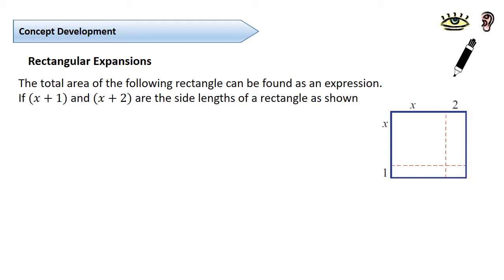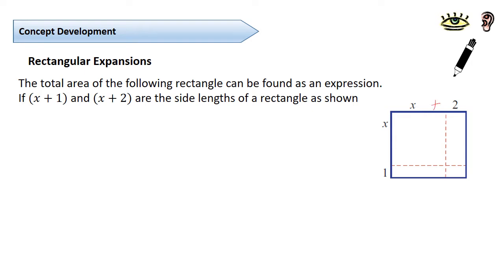Great, so let's have a look at an example of what that means exactly. Now, one really nice way to have a look at the binomial expansion is to investigate the area of a rectangle. We have a rectangle over here, and we can see that the length is this little x distance here. We don't really know how long x is, okay? But it's not just x, it is 2 longer than x.